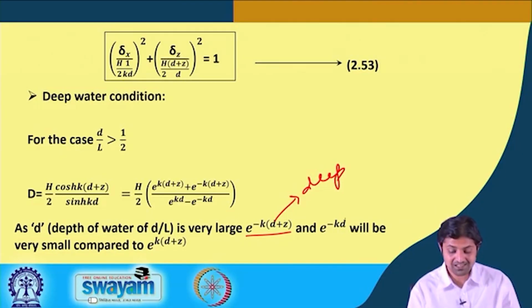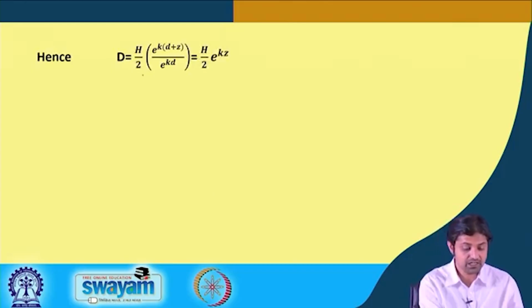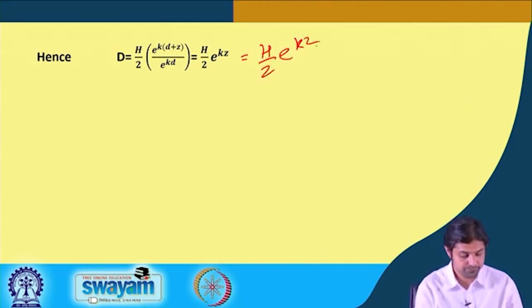Compared to e to the power k(d+z), they can be taken away, and therefore we can write H by 2 e to the power k(d+z) divided by e to the power kd, and simply H by 2 e to the power kz.